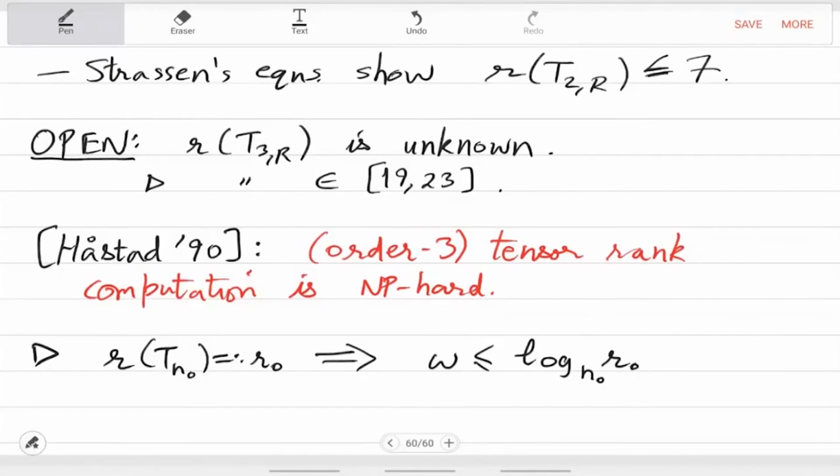Other than Strassen's algorithm, the improvements on Strassen's algorithm have come not by directly working with this T and R, but tensors related to this. T and R is still not understood, but there are some other tensors which are related to T and R, and the tensor rank for those are bounded, and those bounds improve omega.